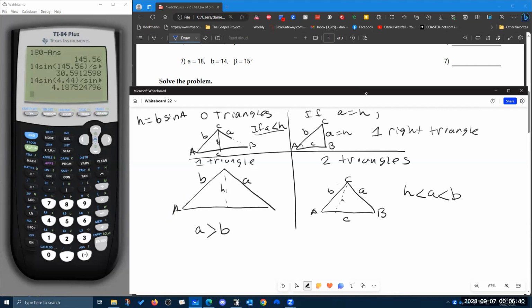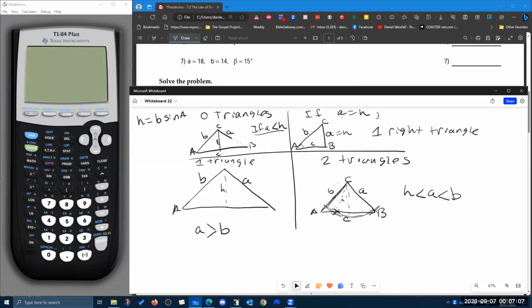So this side is big enough that it can come down. It's bigger than the height here, but it's smaller than this other side. It's going to hit this line twice if it were a compass that I swept an arc of that length. It's going to hit this base 2 times.